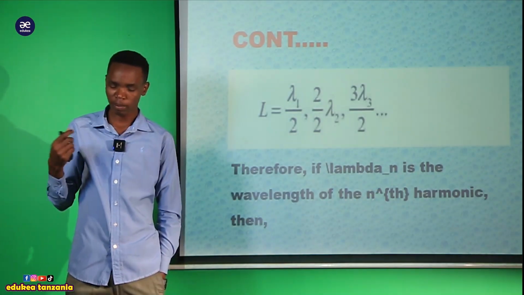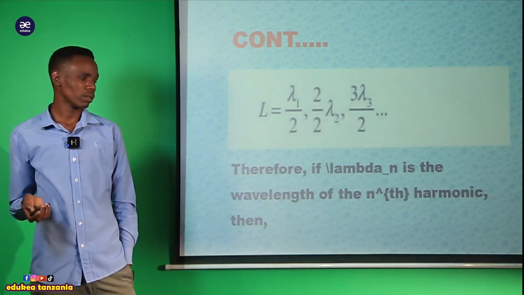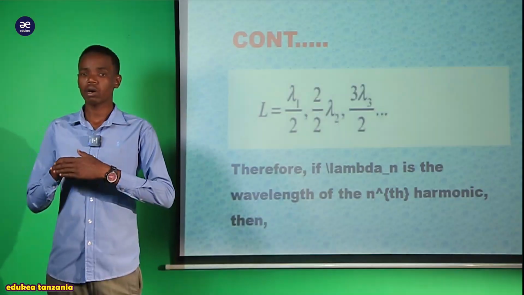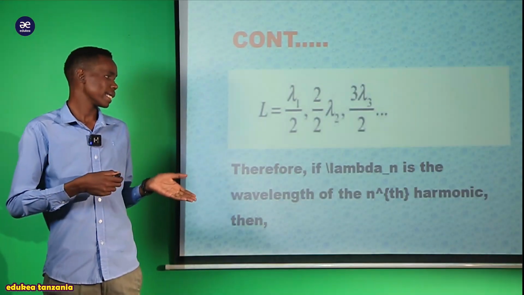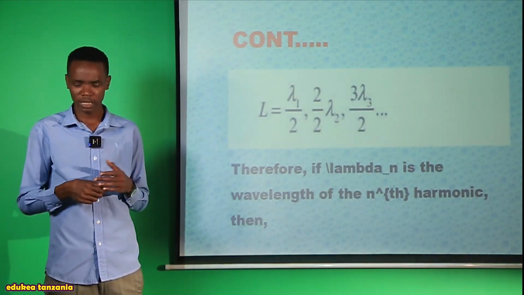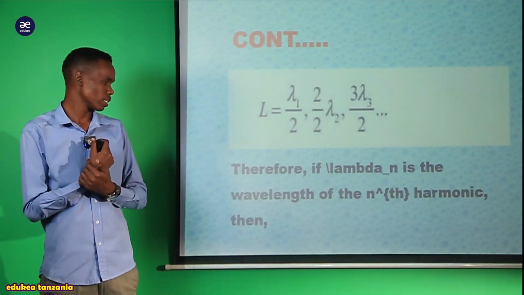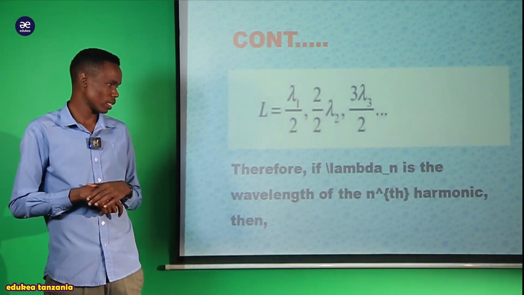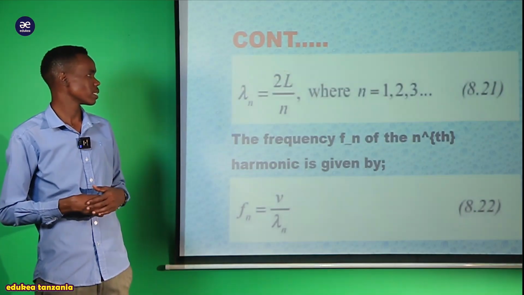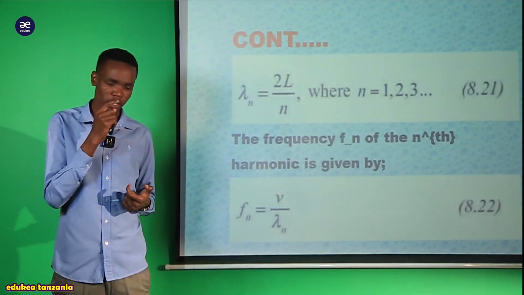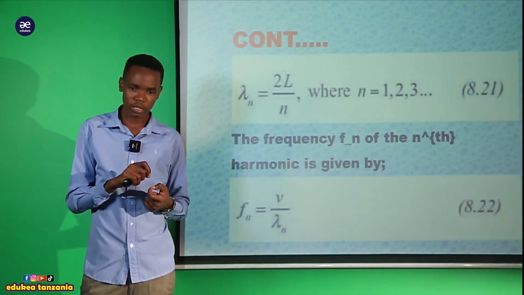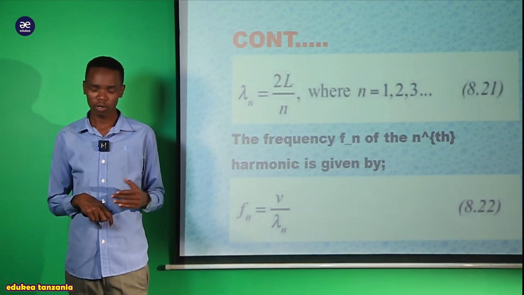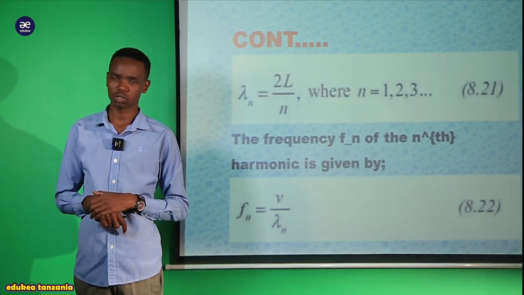Kwa hiyo kama tulivyoambia kule with our statement, tuta conclude kwa kusema kwamba lambda n atakuwa ni wavelength of the nth harmonic. Then we should express it by saying that the wavelength with respect to n is equal to 2L divided by n, my dear students.